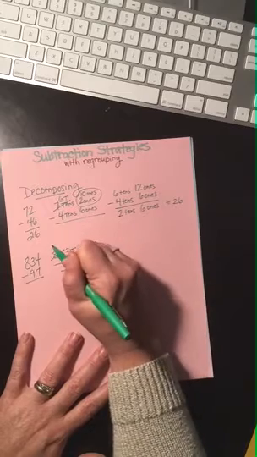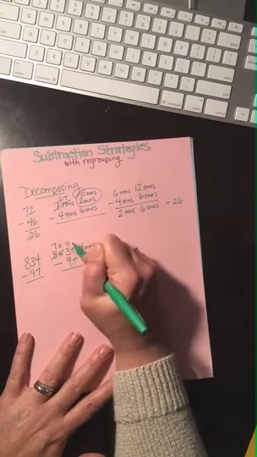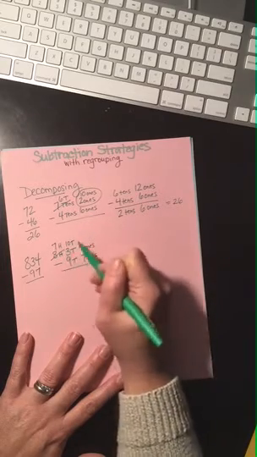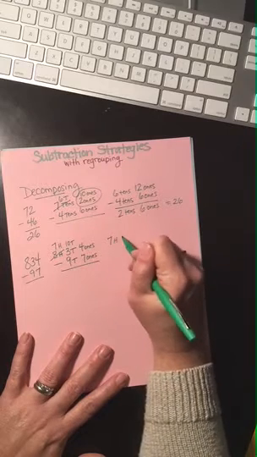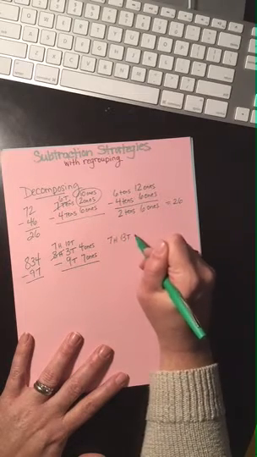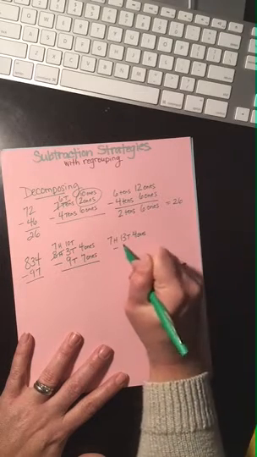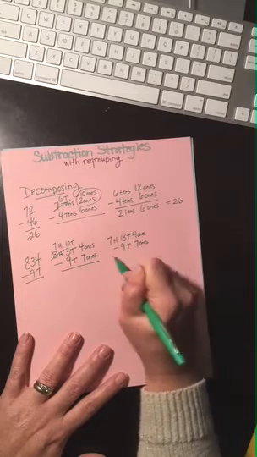So I'm going to take one of these hundreds and break it into 10 tens. So now I have 13 tens. So I have 7 hundreds, I have 13 tens, and I have 4 ones. And I'm still subtracting those same 9 tens and 7 ones.